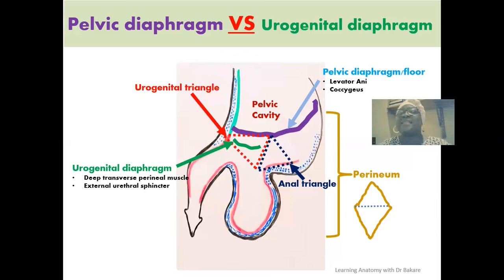You see it completely filling up the pelvic outlet at this region, while the urogenital diaphragm is limited to just the anteriorly placed urogenital triangle. You see that it is an incomplete demarcating structure, limited to just the anterior region. And of course, it is located inferior to the pelvic diaphragm.